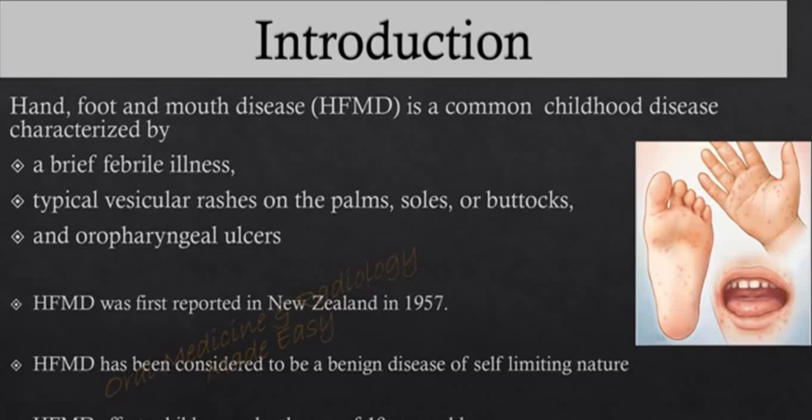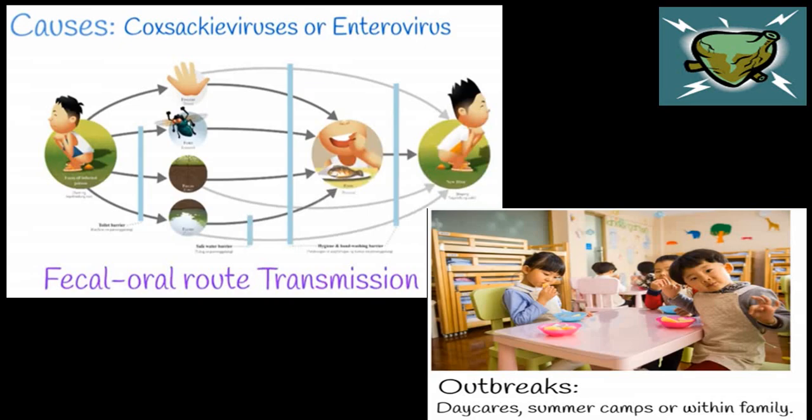It is almost benign and self-limiting, but once in a while it can produce complications which can be deleterious and can cause mortality. The commonest age is 5 to 15 years, so it is very common in that group of children.